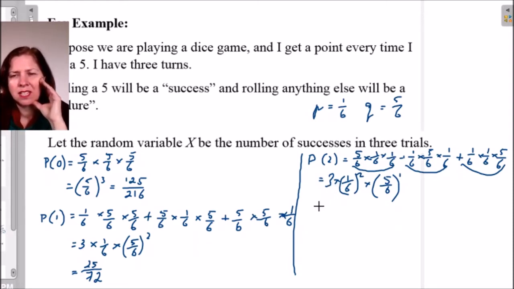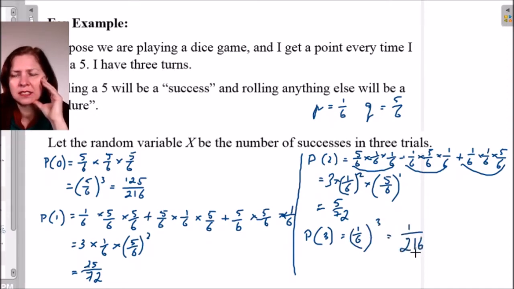So if you've already recognised the pattern, you can probably already guess what the next term in this sequence is going to be, but let's just calculate what I get here. This is going to end up with 5 over 72, and then finally the probability of getting 3 points is going to be, I'm going to roll 3 5s, so it's going to be 1/6 cubed, which is 1 over 216.